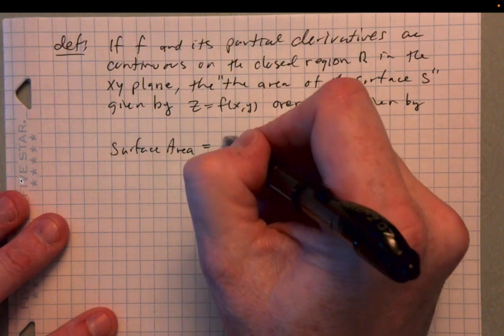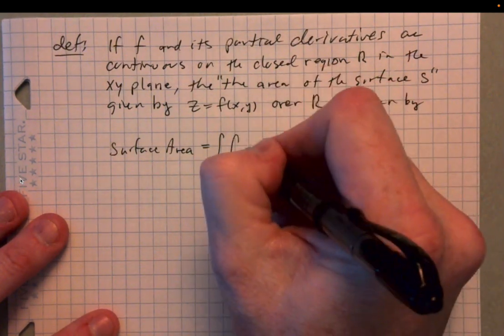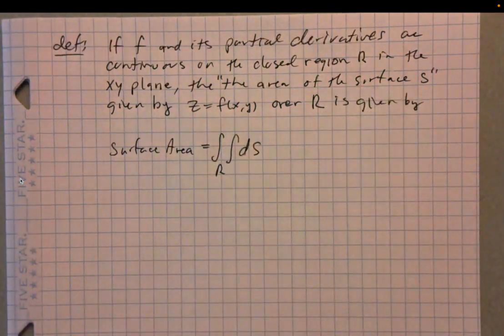the surface area equals the double integral over the region of ds, right? So ds would be the surface area element.